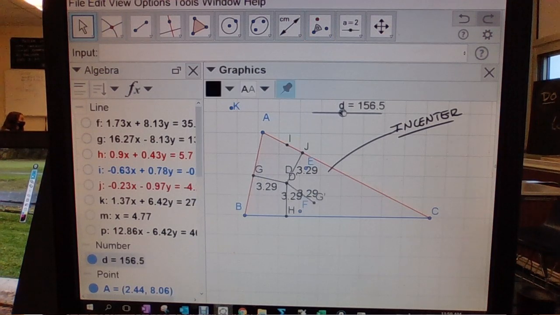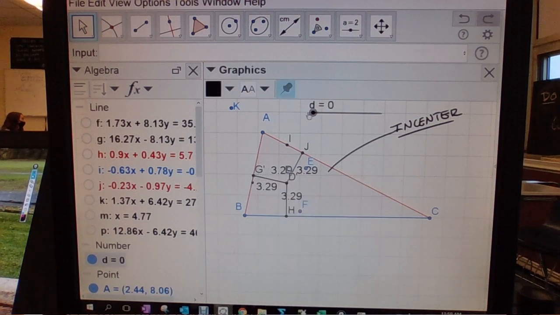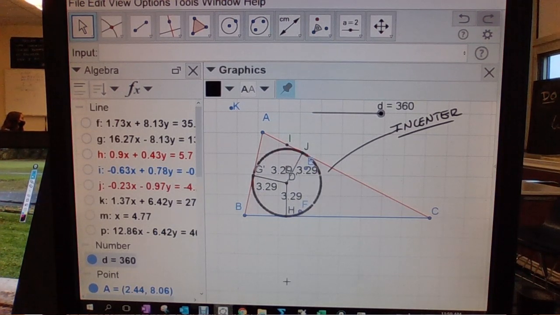And would you guys agree that there's a circular motion that's being made there? Yeah. If we were to trace this point G prime, we can see the circle that is created. Okay. Now that circle is referred to as the inscribed circle or the incircle.